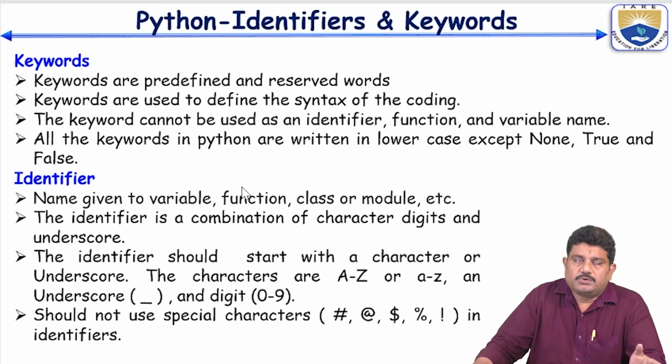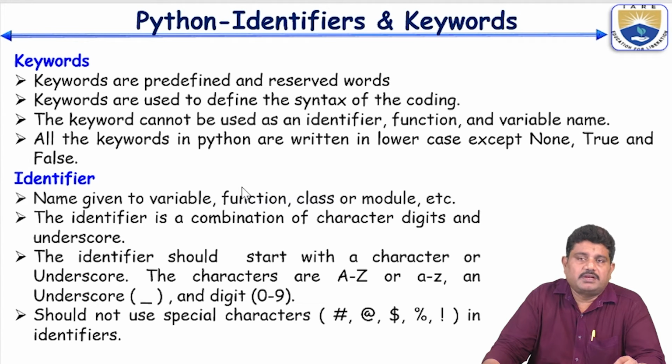Such words are called keywords. They have a specific meaning. While writing programs, you can use them for making the syntaxes, and each and every keyword has its own meaning. That's why these are also called reserved words. These are reserved for some special purpose. You cannot use them as identifiers in your programs.